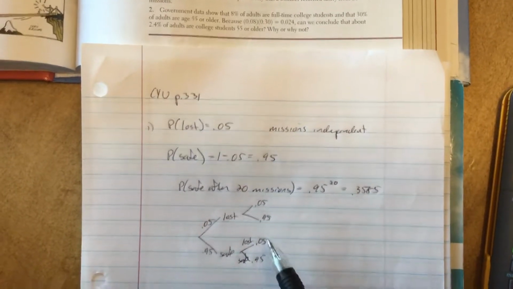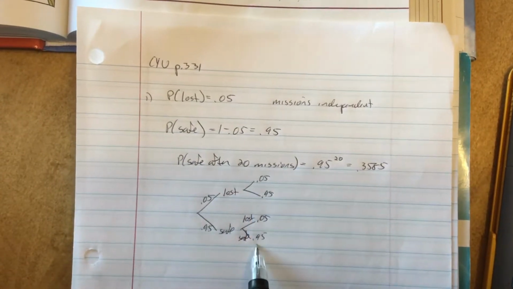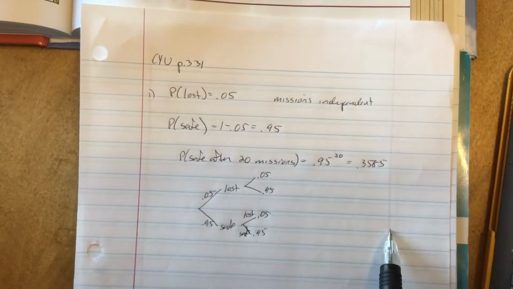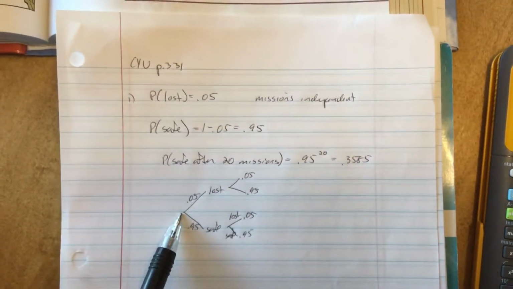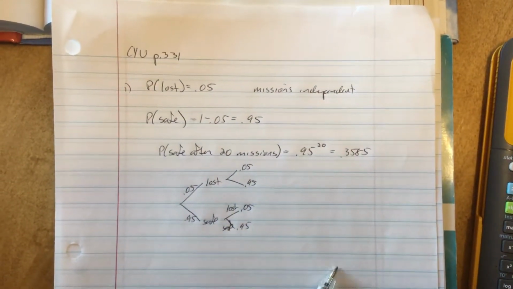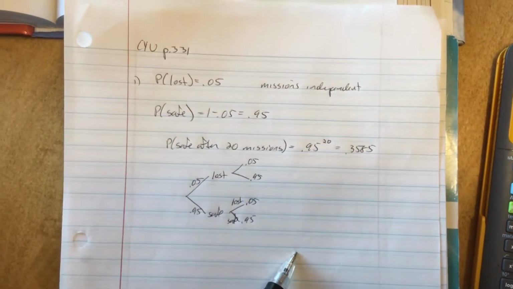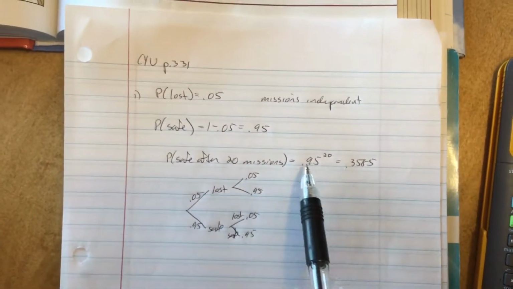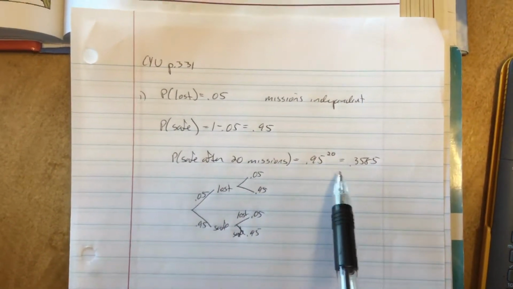So you go through this tree to 20 different missions. I'm not doing all 20 missions, but the bottom branch will be the 20 safe missions. So it'll just be 0.95 times 0.95 times 0.95 20 times. So that's why the probability of being safe after 20 missions is just 0.95 to the 20th power.